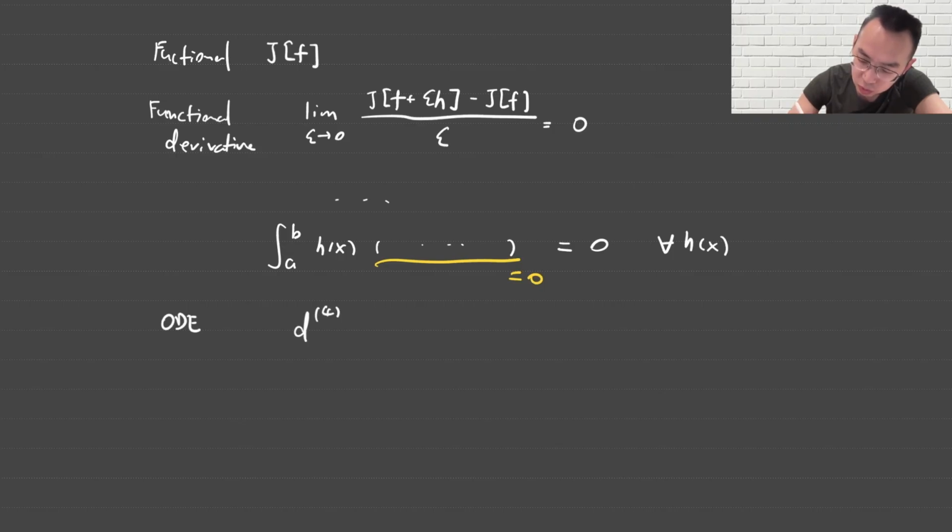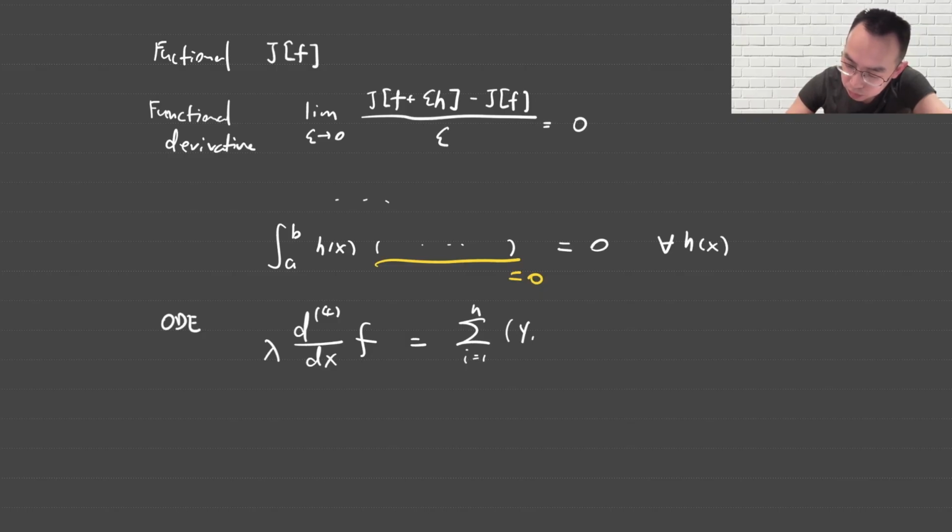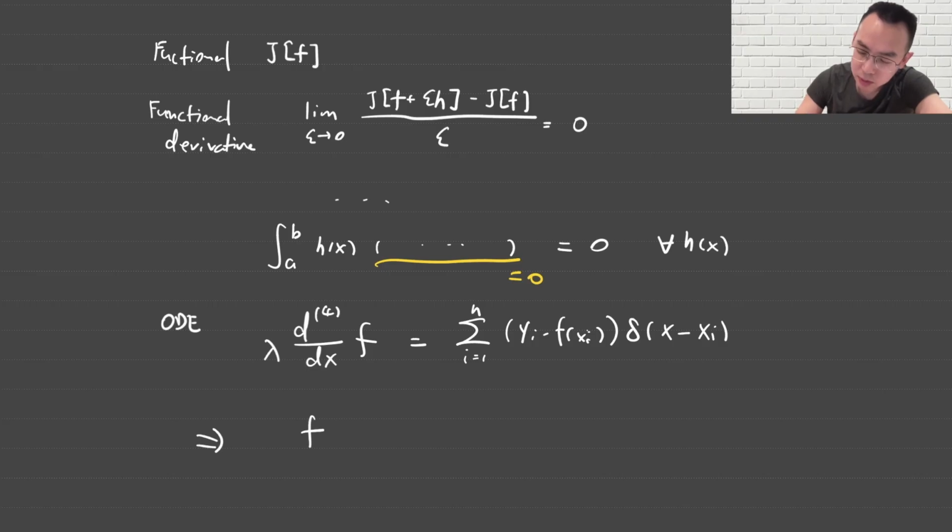We got the fourth derivative of f equal to a sum of a bunch of delta functions. Then we solve this ODE, and the solution gave us the function as a sum of the kernel.